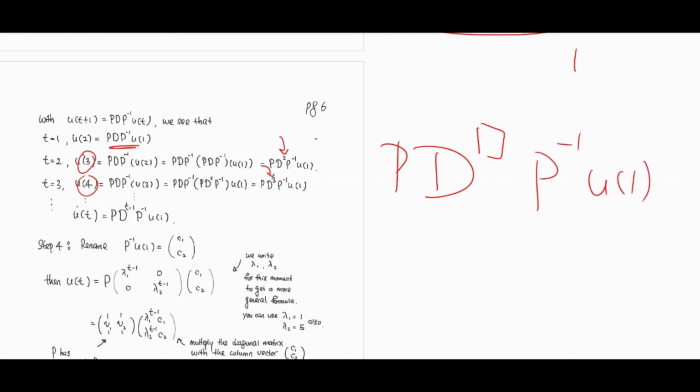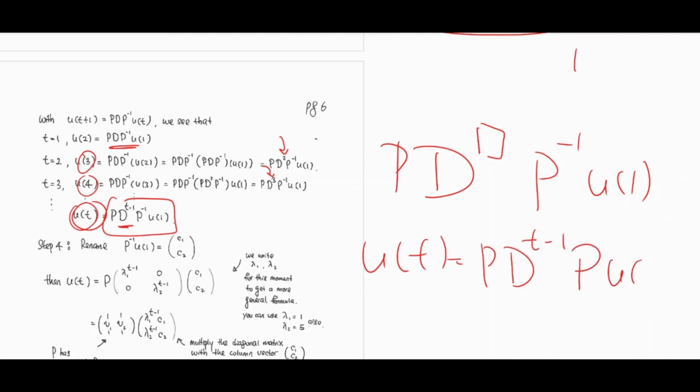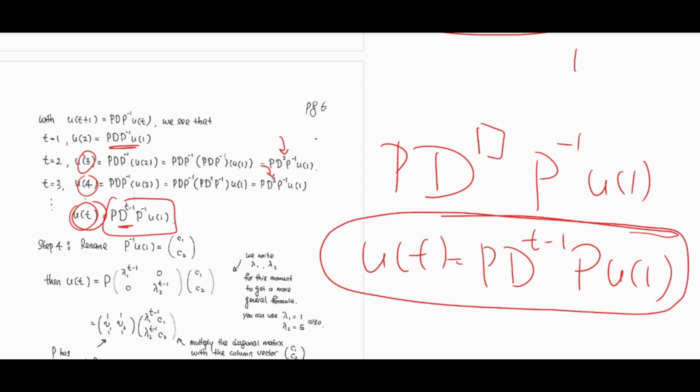So in general, if this is t, then the power will be t minus 1, and u_t equals P D^(t-1) P inverse u_1. That's our equation right here, and we are going to compute this.